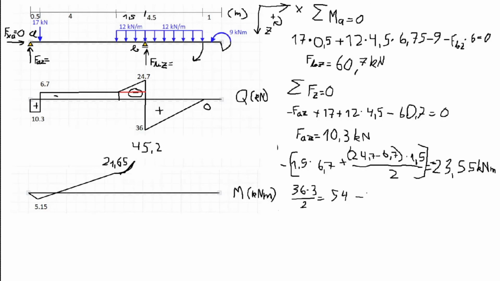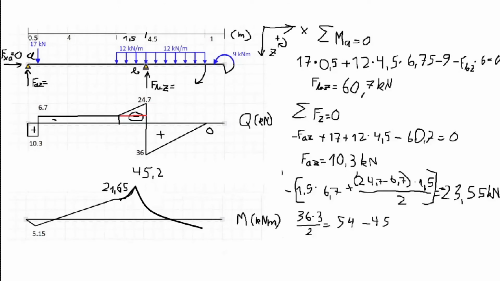And we will add to that our negative 45.2 kilonewton meter moment, which will give us a moment of 9 kilonewton meters right at the end of this distributed load. So 9 kilonewton meters.